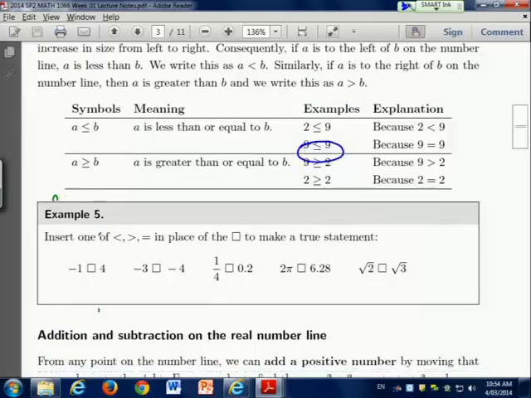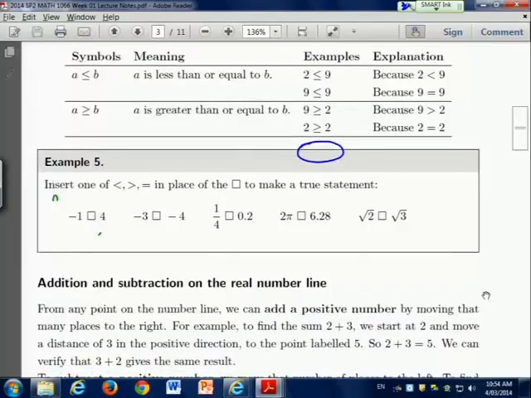Okay, so something else for you to do in the next minute. Maybe talk to the person next to you. What I've done here is I've put a box in place of a less than, greater than, or an equal to sign. Work out which sign needs to go in the box. If you're not sure, there is no harm in using a number line.